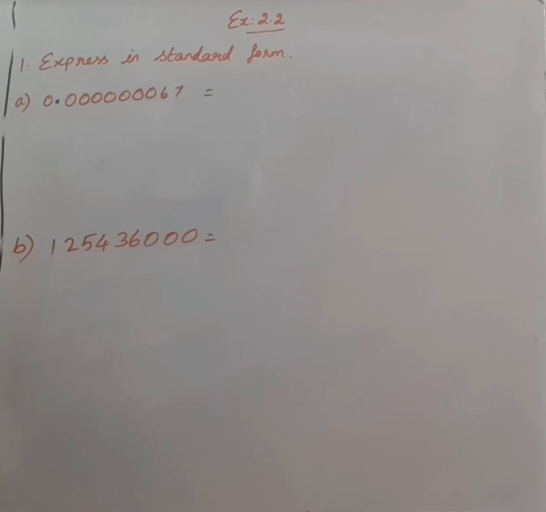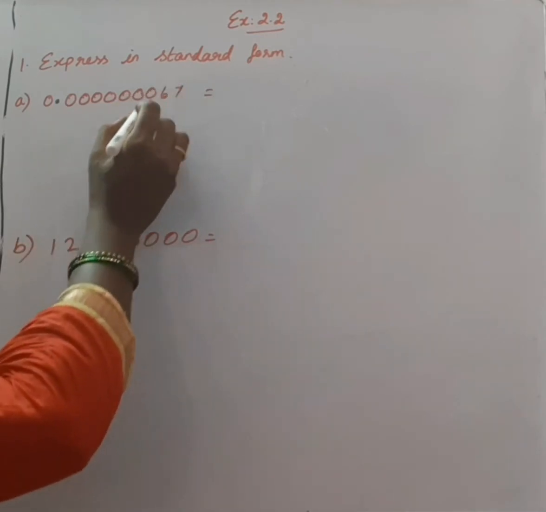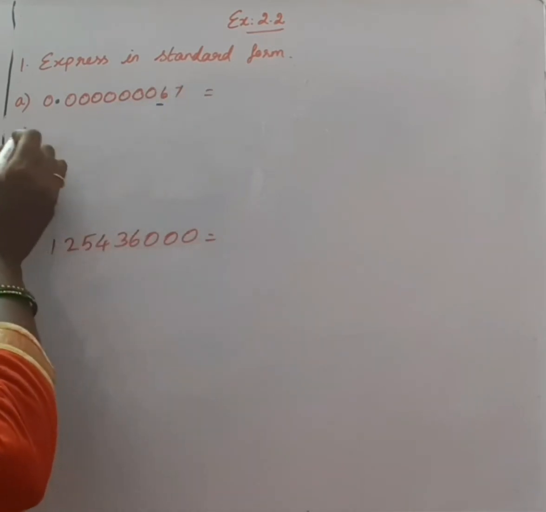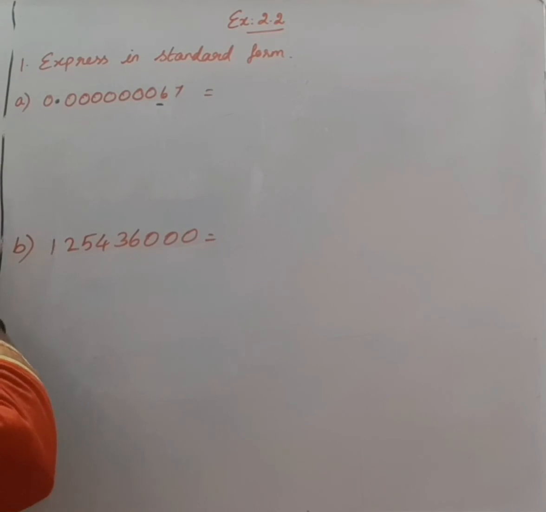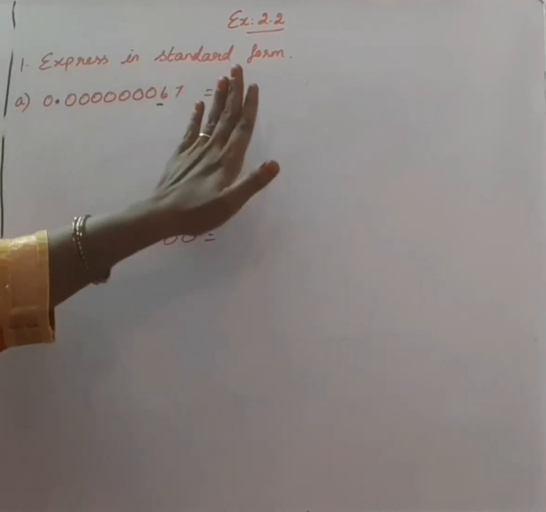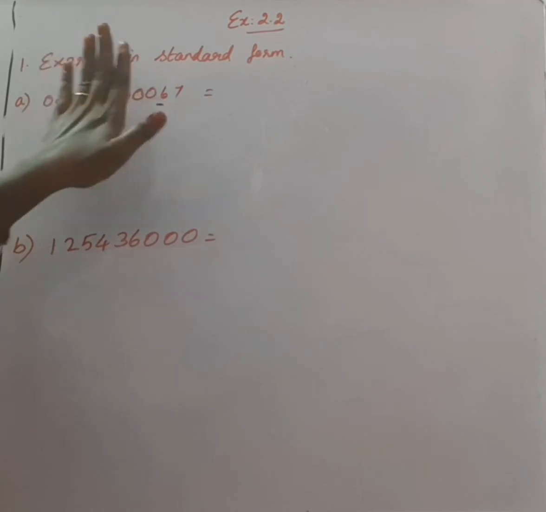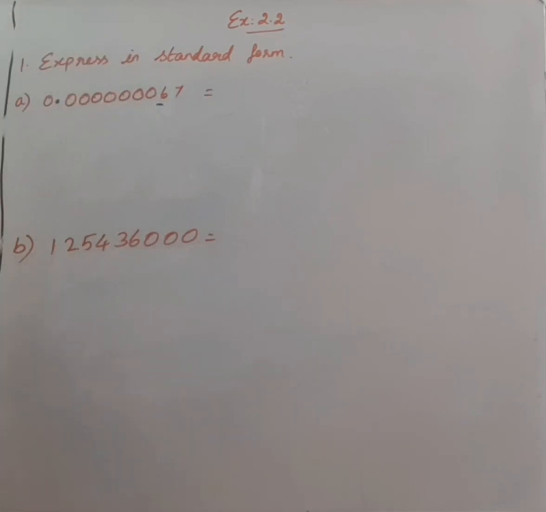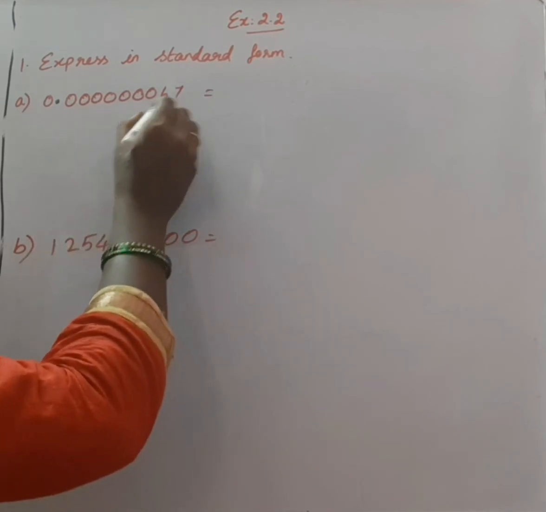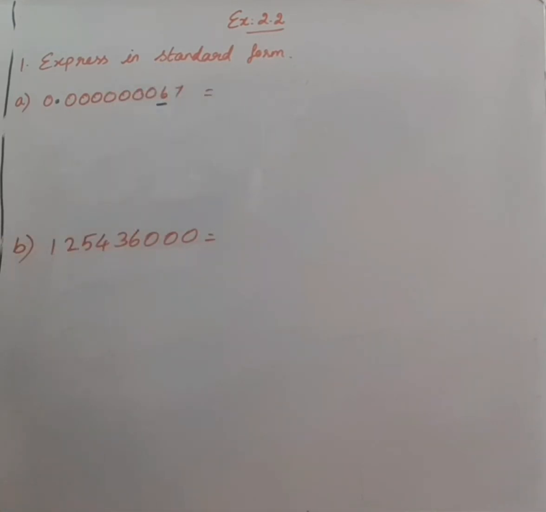Now, we need the integral part as one number. From the left side, we want to see the numbers from the left hand side to the right hand side. The first number which you get is called the integral part. So here, 6 is the first number.